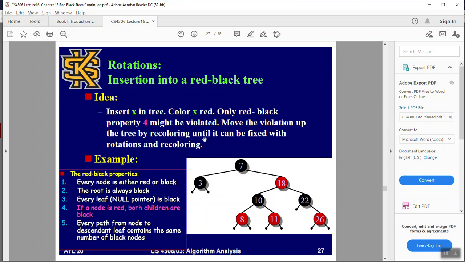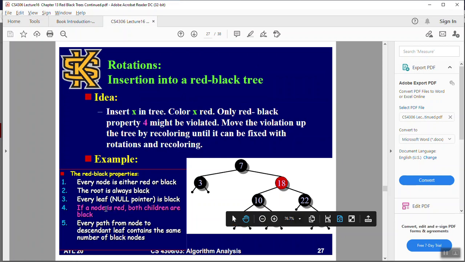So the concept is that in a red black tree, when you insert any value X in a tree, initially color it as red. Then if its color is red, there is a possibility that red black color property number 4 will be violated.